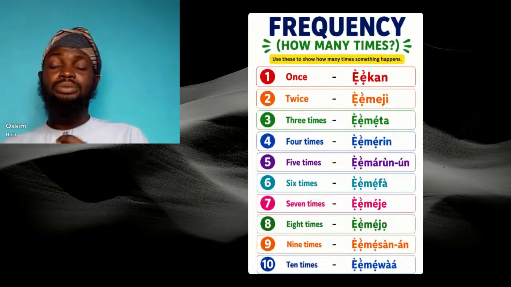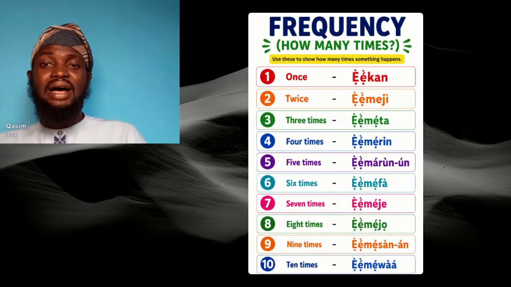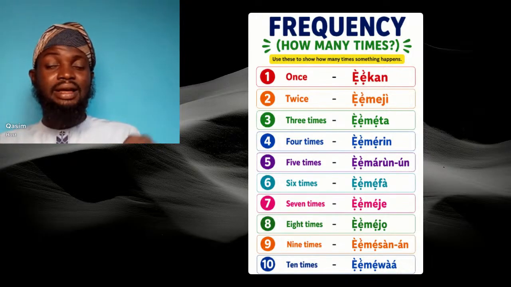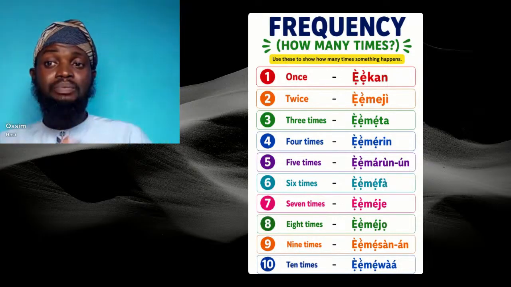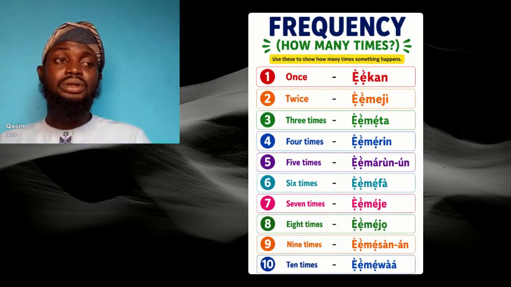If I'm attributing numbers to something, like I have 10 bags, I will say mo ní báàgì mẹ́wàá. Mẹ́wàá is 10. So that is when you are using numbers to quantify something.